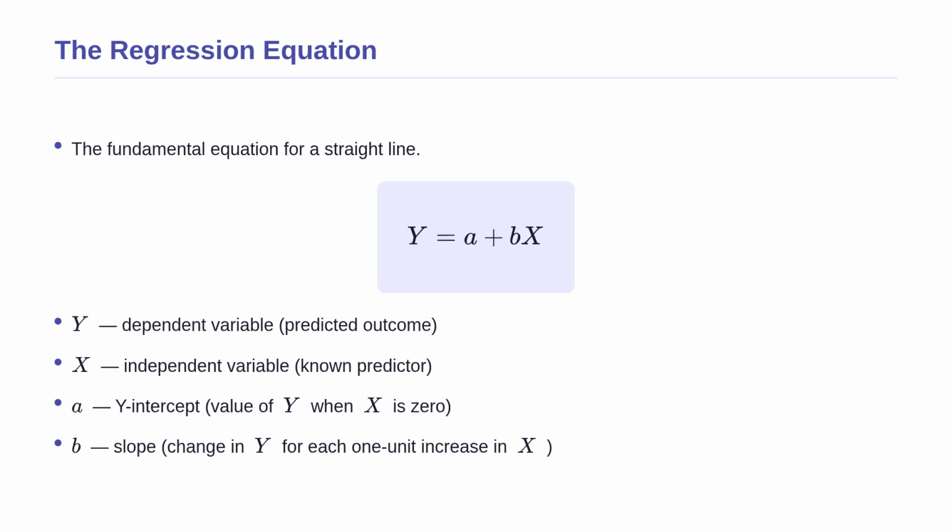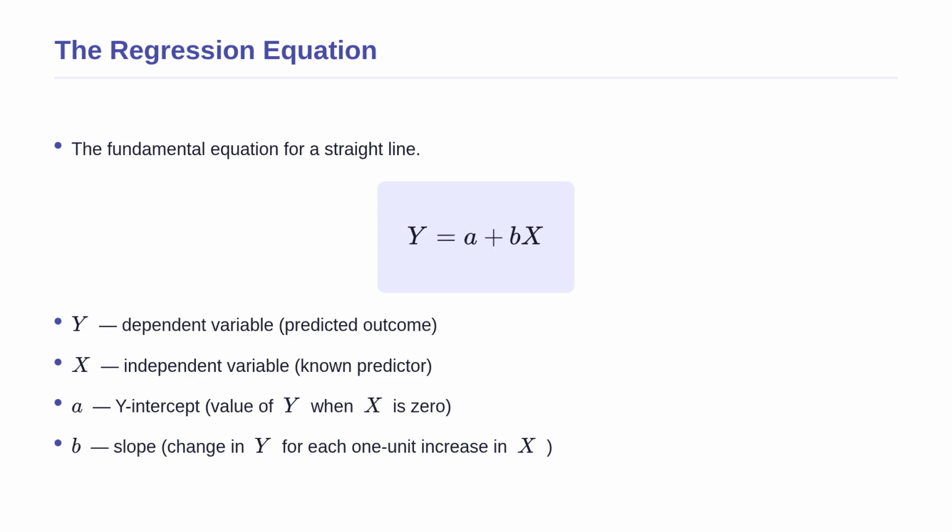Now that we understand our variables, let us look at the mathematical equation that describes our straight line. You might remember from basic algebra that any straight line on a graph can be described by a simple equation. In biostatistics, we use the formula y equals a plus b times x. Let us break down every piece. Y is our dependent variable, the outcome we are trying to predict.